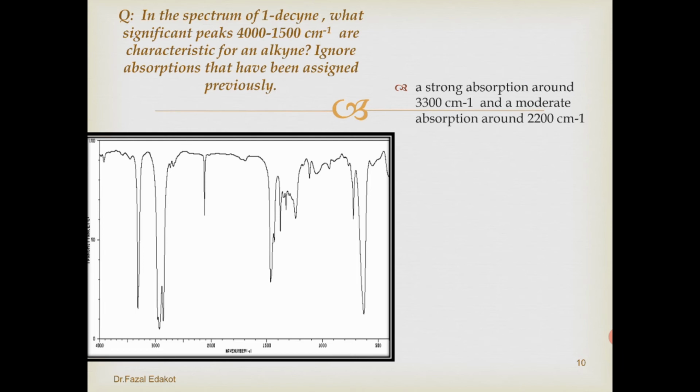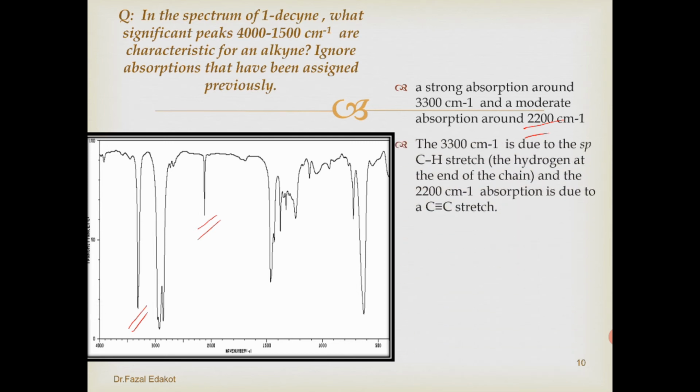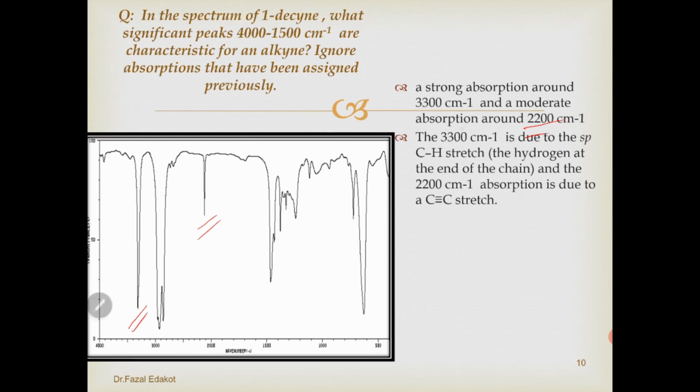A strong absorption around 3300 and a moderate absorption around 2200. This is not weak actually, a half-sized peak is there. And the 3300 per centimeter is due to the sp C-H stretch.